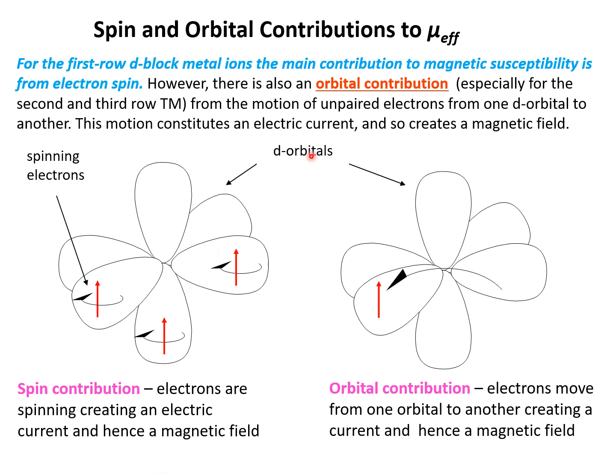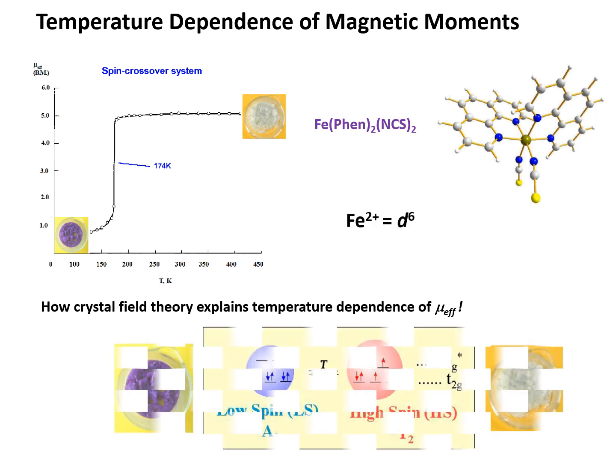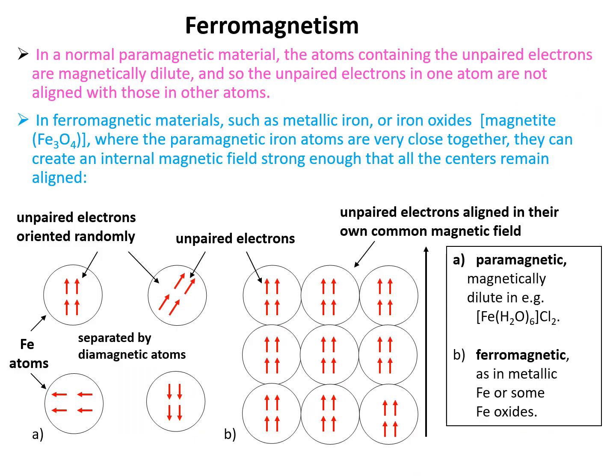So both the spinning of electrons and the orbital movement, both contributions we have to take into account, spin contribution as well as orbital contribution. Then the temperature dependence on the slide: low spin and high spin. Accordingly, the color of the complex varies.